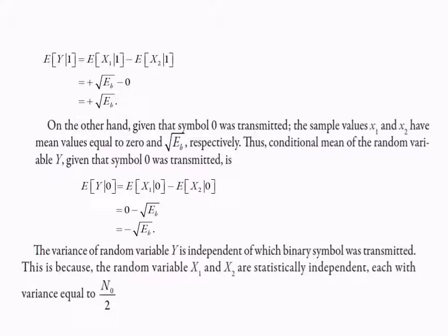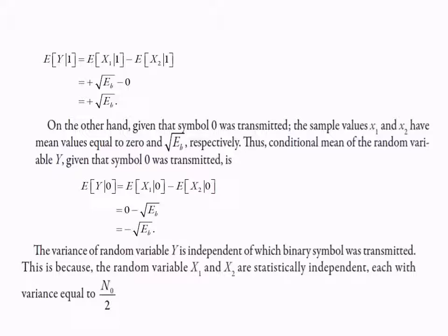Here the expectation of x1 given 1 is the expectation of S11 plus W1 minus the expectation of S12 plus W2. So in this case we have only the expectation of S11 minus the expectation of S12, because W1 and W2 are 0, since it is AWGN noise with 0 mean, right?